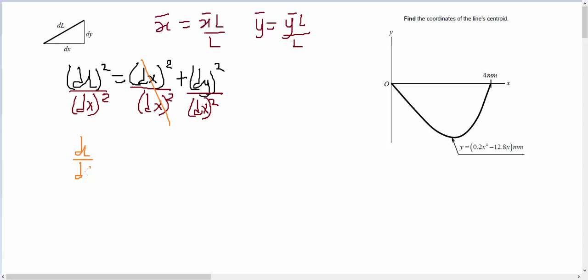Here we have dL over dx squared equals 1 plus dy over dx all squared. So now looking for the square root of both sides, we can solve for dL.